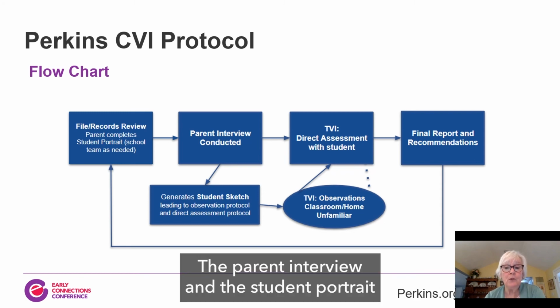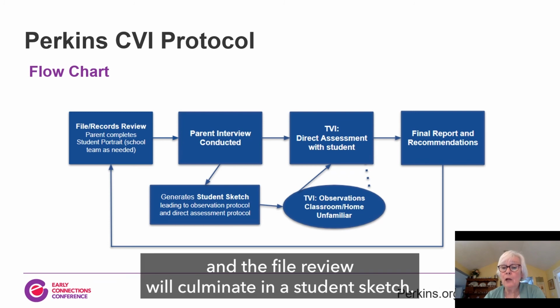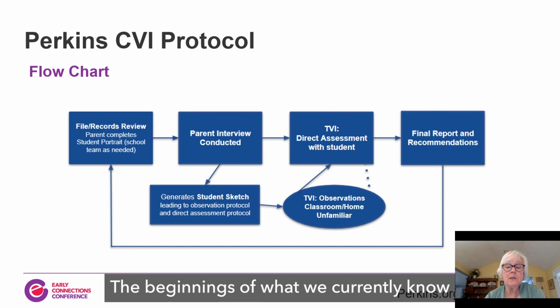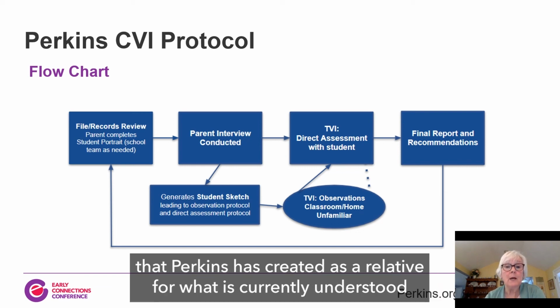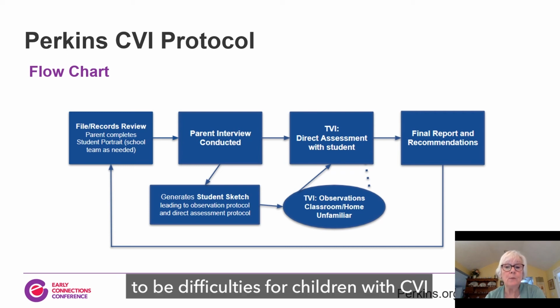The parent interview, the student portrait, and the file review will culminate in a student sketch, the beginnings of what we currently know about this child around the 16 different visual behaviors that Perkins has created as umbrellas for what is currently understood to be difficulties for children with CVI.